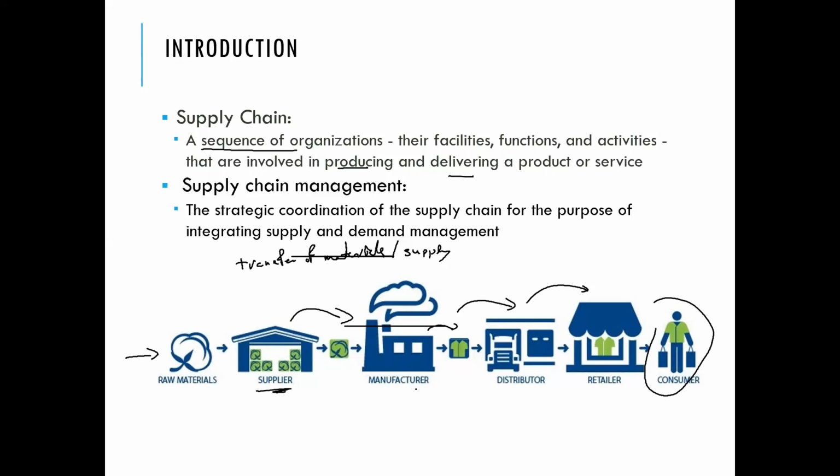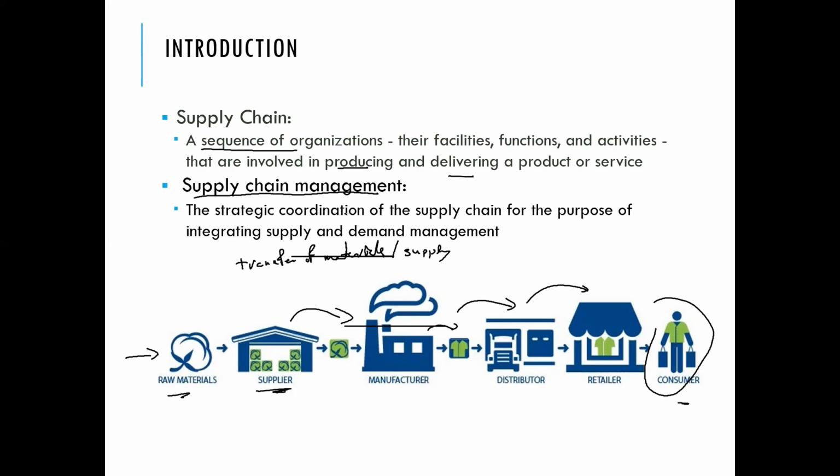So, in essence, this is an example of a simplified supply chain, showing the supply chain of an apparel product, starting from the absolute raw material, going to the absolute end, which is the consumer.